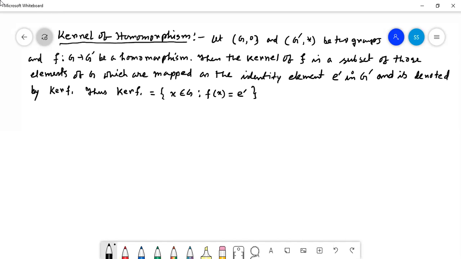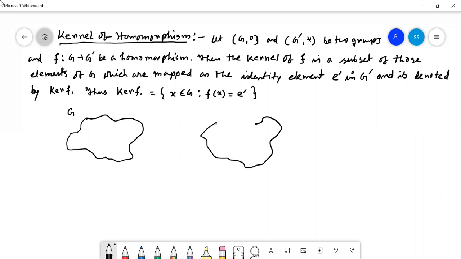So let us introduce here. Look at here, it is the G. And here we are taking the G dash. So here G dash star is a group, so it has some identity element.